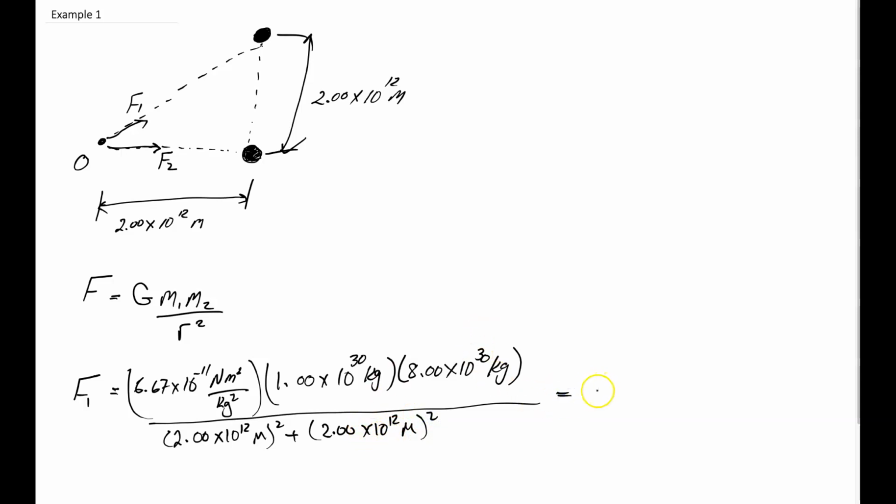If we do this, we get about 6.67 times 10 to the 25th newtons.